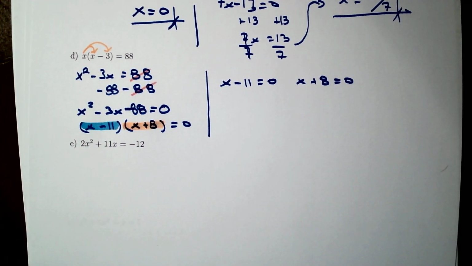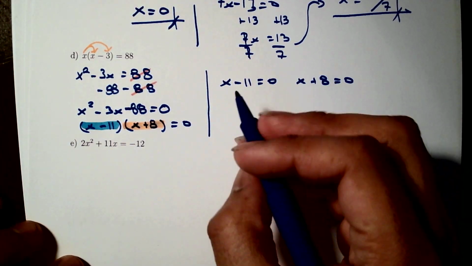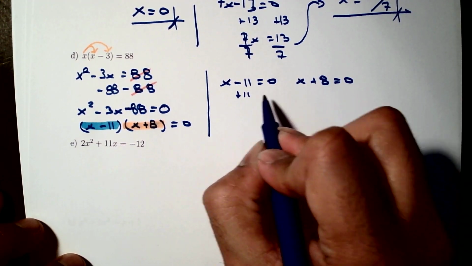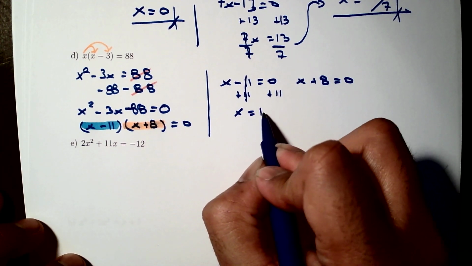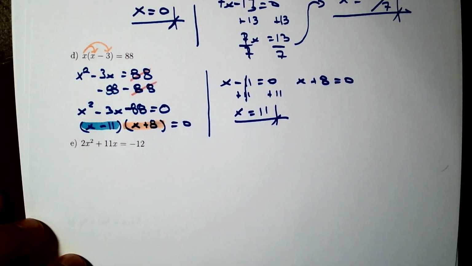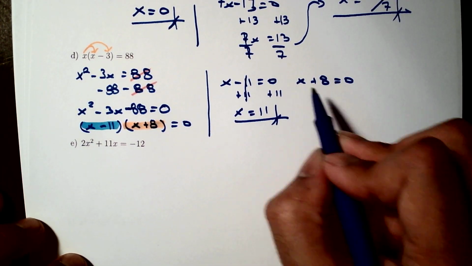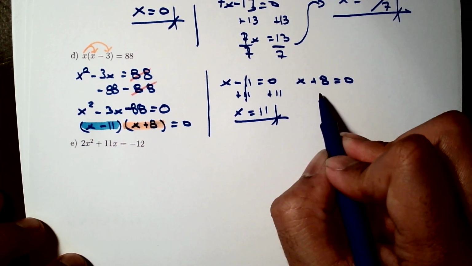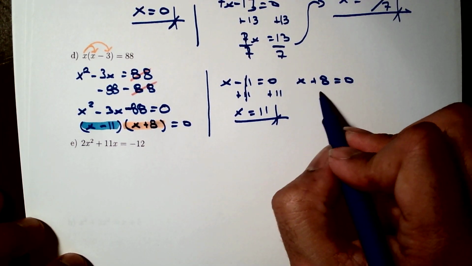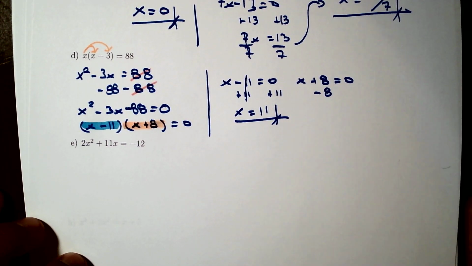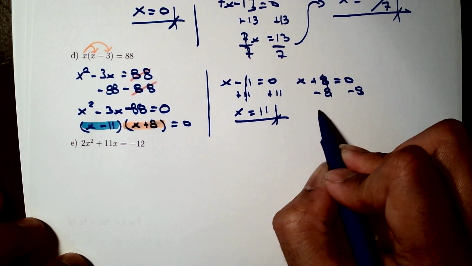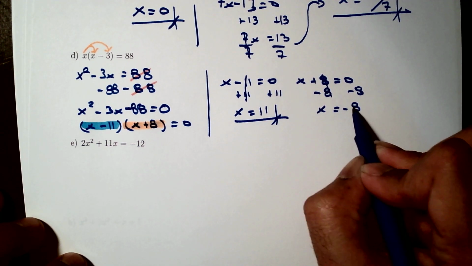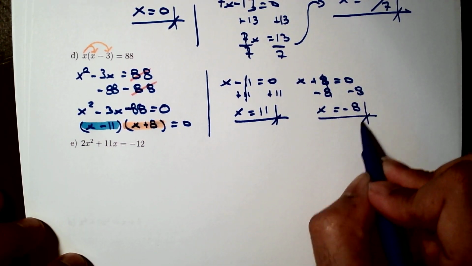And these equations are really easy to solve. All we need is to add 11 to both sides. Boom, cancel. X equals 11. Done. First solution. On the other hand, for this one all we need is to subtract 8 on both sides. Cancel. X equals negative 8. And we're done.